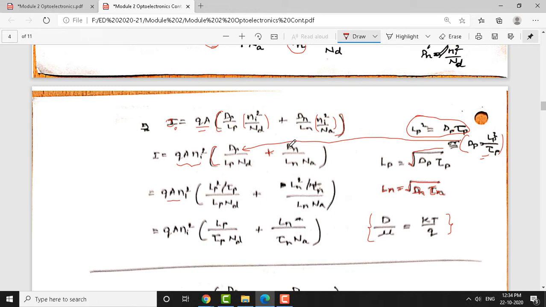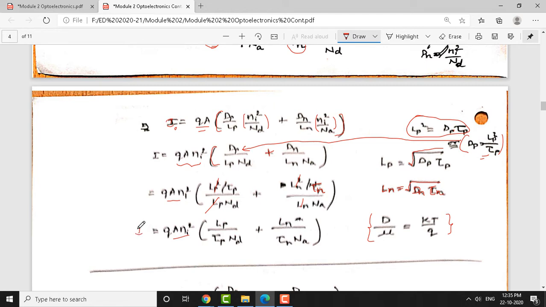Same thing we can do for dN: Ln square by tau n, and Ln into Na is kept as it is, and this term will cancel with one of the square terms here. Same thing happens here also, this denominator cancels with one of these. You can write Lp by tau p Nd plus Ln by tau n times Na. Understood this?